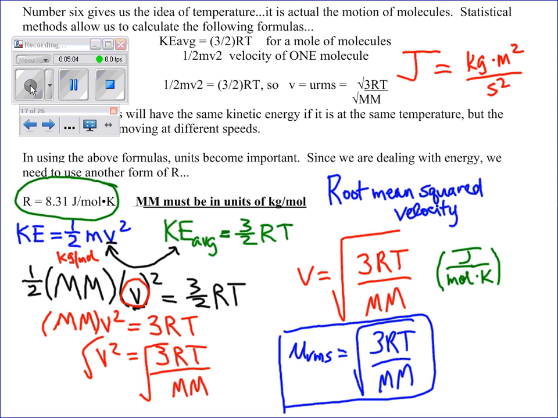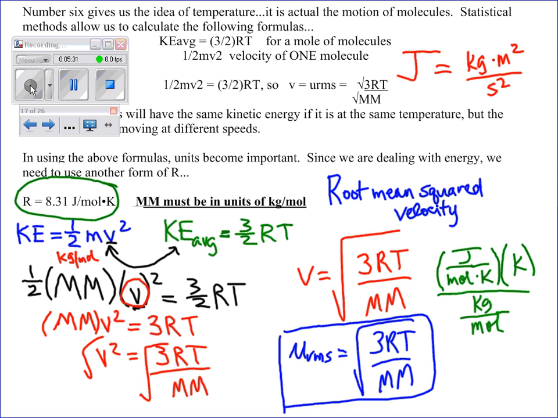And again, I'll provide you with that R. You'll get used to them. I'll say energy R and I'll say gas R. Gas R is the 0.0821. This is the energy R. Okay, and our temperature's in what unit? K. All right, and what's our molar mass in? Kilograms per mole. Okay.